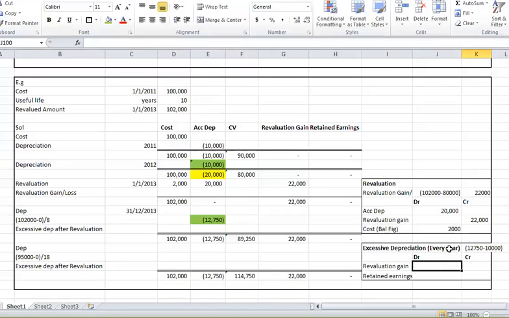So what would be the double entry? The 2,750 will be shifted from revaluation surplus to retained earnings. We have deducted it from revaluation gain and shifted it to retained earnings.